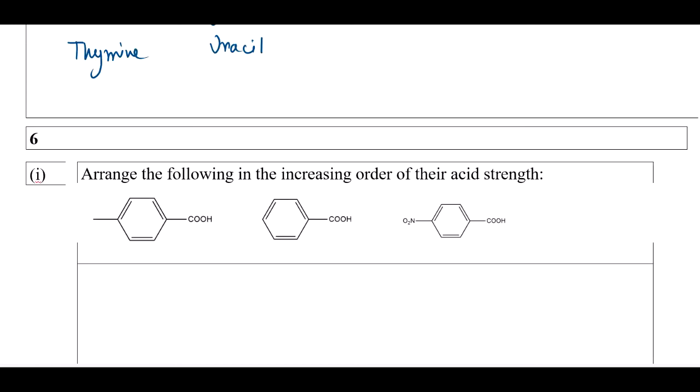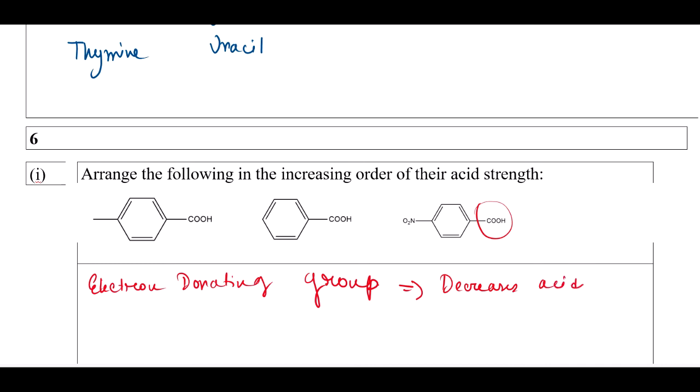Okay. Next, we have: arrange the following in increasing order of their acid strength. Whenever we have any electron donating group, it will decrease the acidity of the benzoic acid.